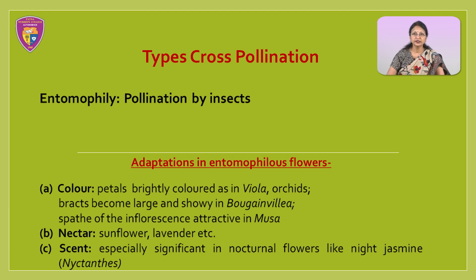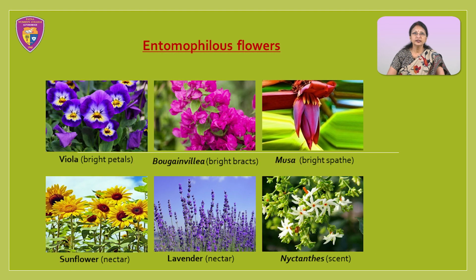Sunflower, lavender, etc. have nectar, and some flowers like night jasmine, which blossom at night, possess a sweet smell that attracts the insects when all other features are not visible. These are the photos of entomophilous flowers.